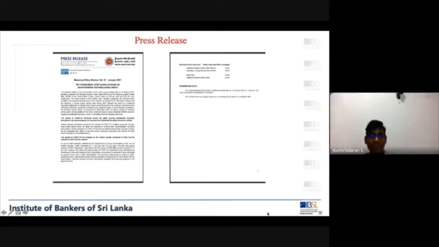As we discussed, standing deposit facility rate, SDFR, at 4.5%, and standing lending facility rate, SLFR, is 5.5%, and bank rate 8.5%, and SRR is 2%, right? So these are policy rates and SRR unchanged, right? So this is the final decision, the monetary policy decision.